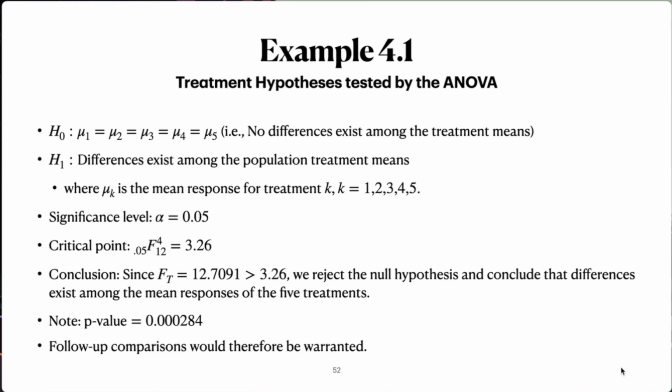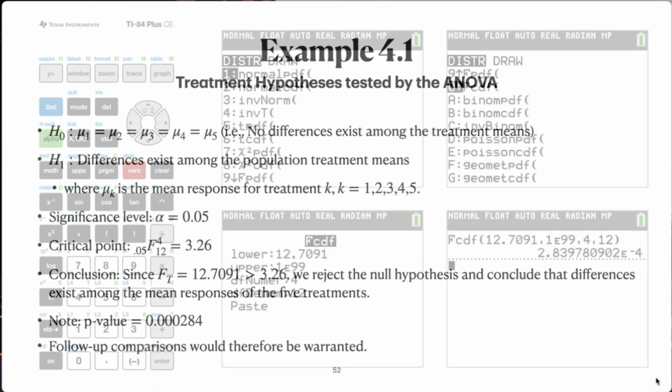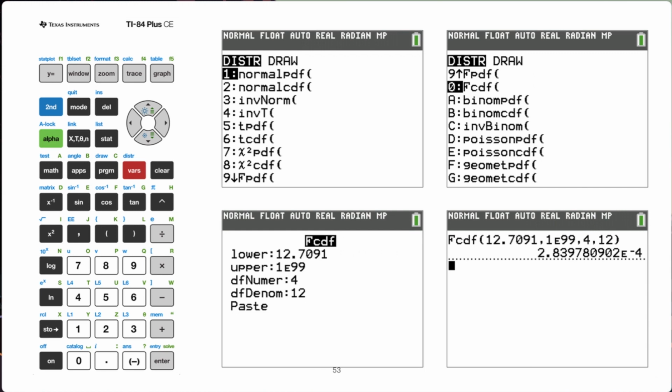Now, let me show you how I obtained that p-value. Again, I used the TI-84 to get that. If we select the distribution functionality by pressing the second and then the vars key, that takes us to the distribution main menu. Then if we scroll down, we can select the CDF function for the F distribution. We plug in as the lower endpoint the value of the test statistic, the upper endpoint positive infinity, and this is the best way to do that in this calculator.